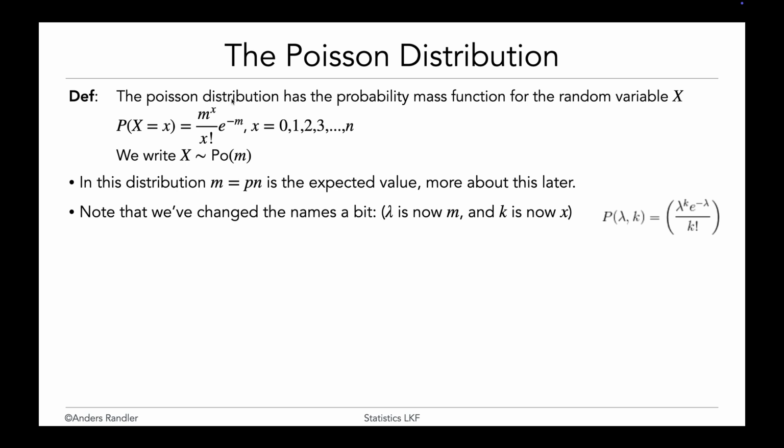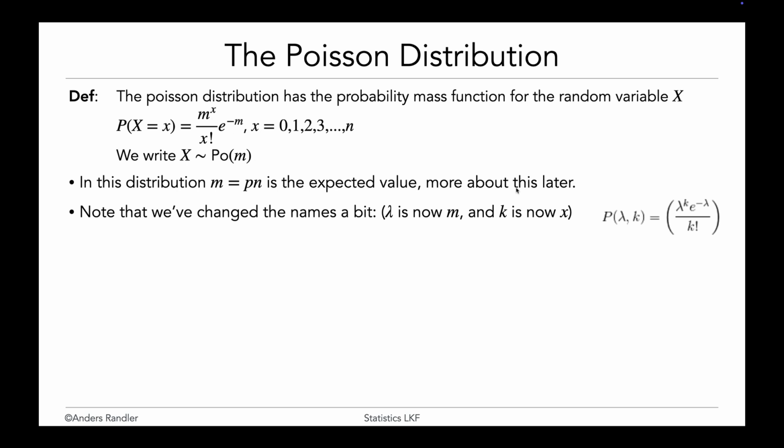Also, please note that in this formula, I'm using m instead of lambda. The reason I'm using both lambda and m is because different books and different articles use different symbols. So I wanted you to see that you could go for either lambda or m. It doesn't matter. It works exactly the same.